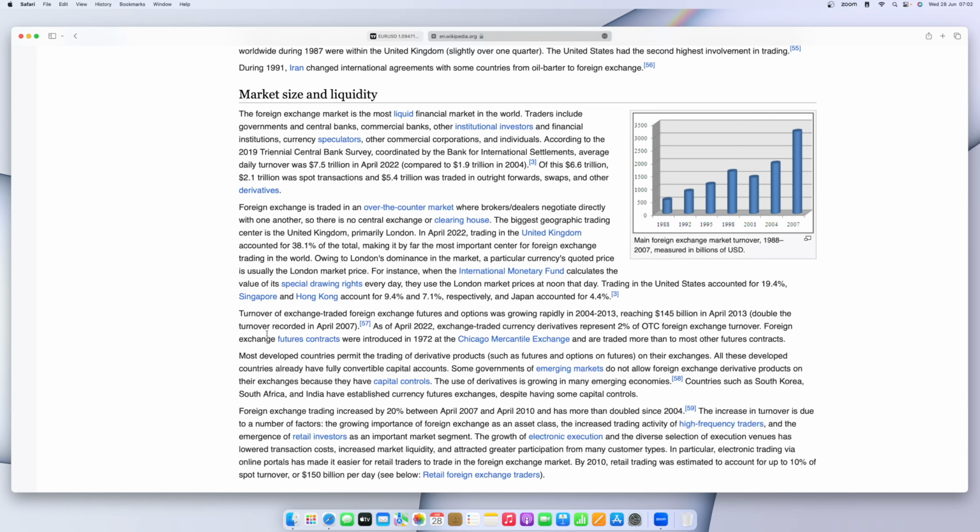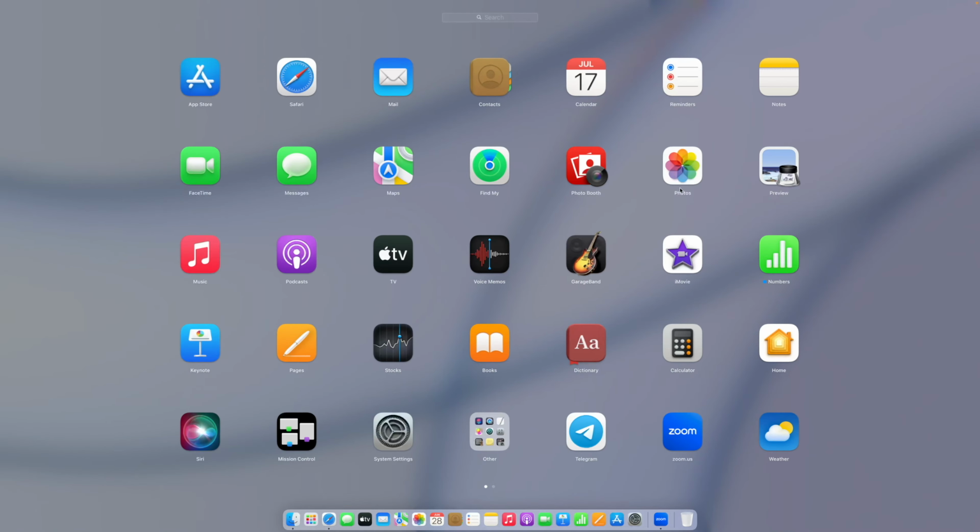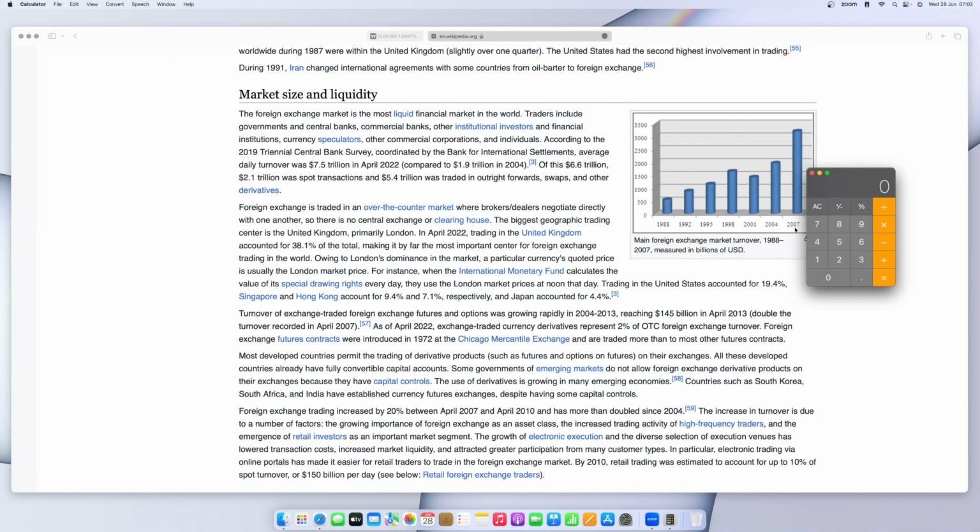So if we have 5 trading days, Monday to Friday, and on Monday we have about 7.5 trillion in circulation, and we multiply that by 5 to give us the whole week, that means we have about $37.5 trillion in circulation every week.